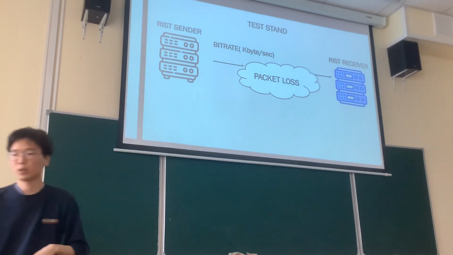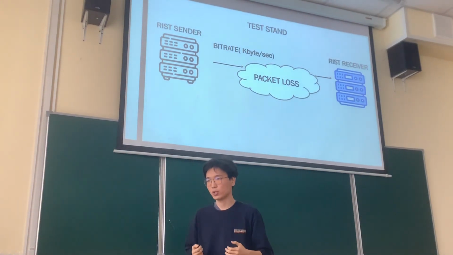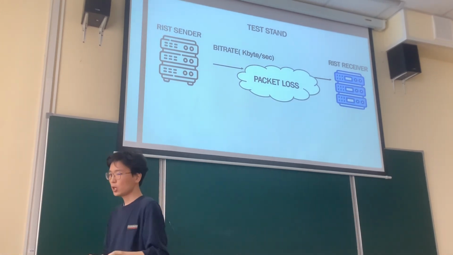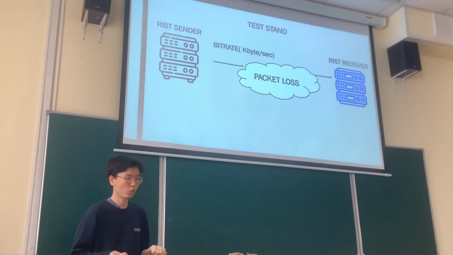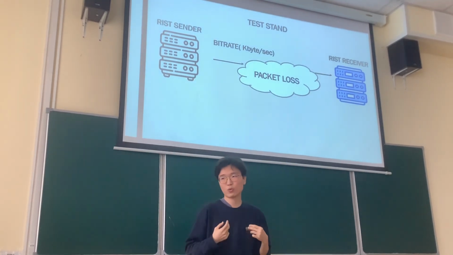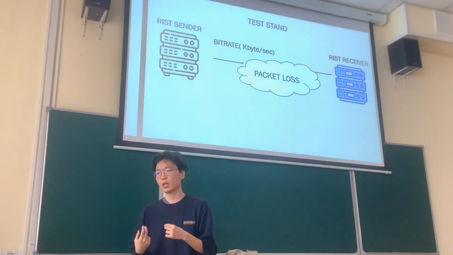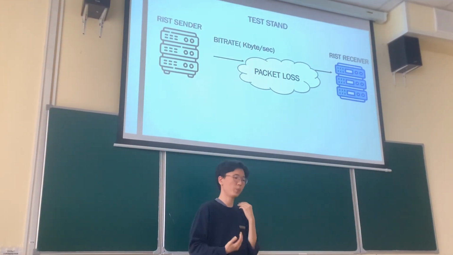The whole goal of my coursework is to develop a test stand which can be used to test the noise immunity of the library. As I said before, the library was released in 2019, and it has bad documentation.